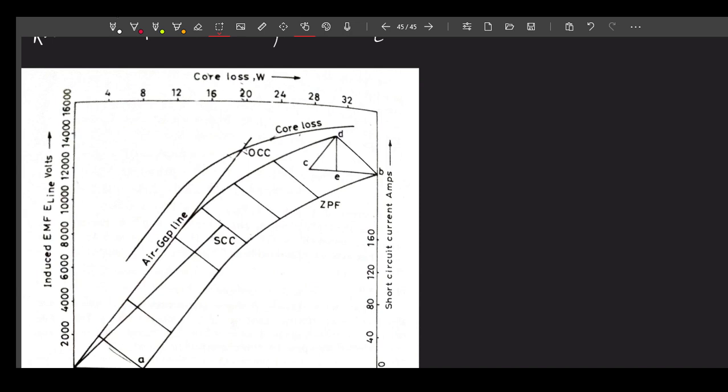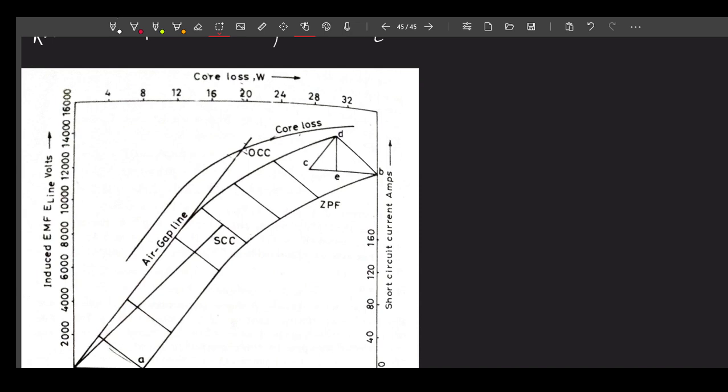So if the current lags the voltage by 90 degrees, what type of armature reaction would it produce? Pure demagnetizing action.